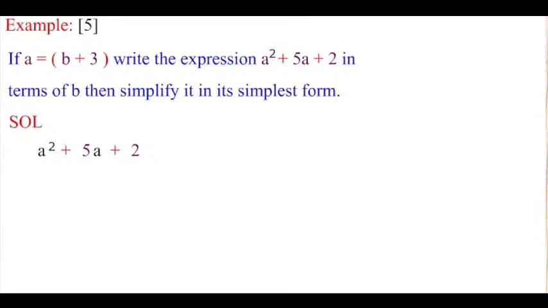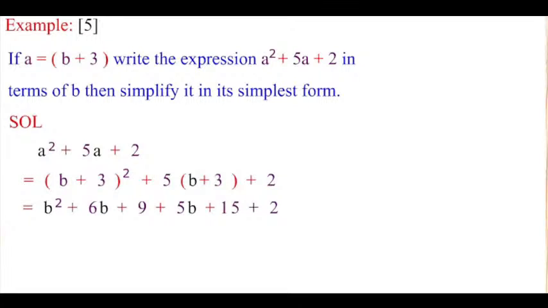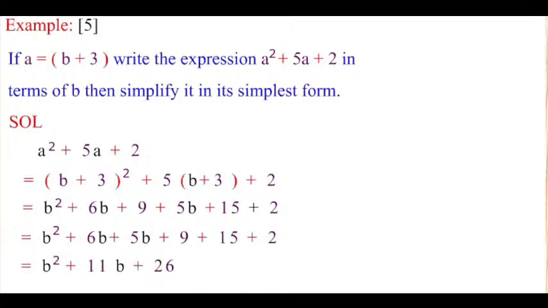A squared plus 5a plus 2 equals b plus 3 all squared plus 5 times b plus 3 plus 2 equals b squared plus 6b plus 9 plus 5b plus 15 plus 2 equals b squared plus 6b plus 5b plus 9 plus 15 plus 2 equals b squared plus 11b plus 26.